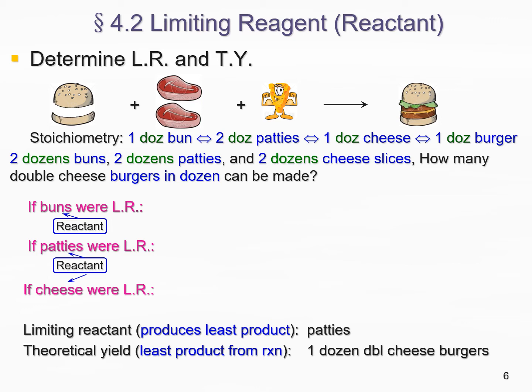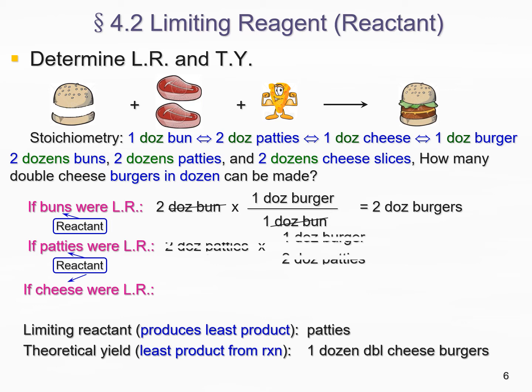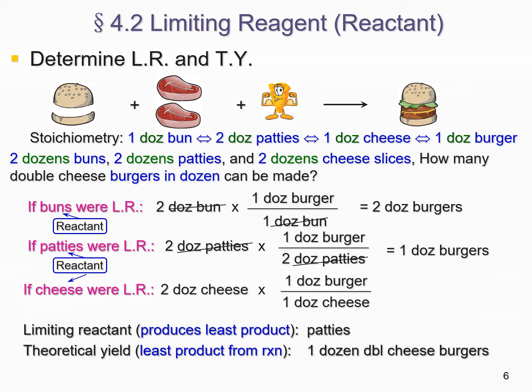So from dozen of buns, according to stoichiometry, 1 dozen buns equals to 1 dozen burgers. So we know it could give us 2 dozen burgers. If patties were the limiting reactant, according to stoichiometry, 1 dozen burgers versus 2 dozen patties. So we got 1 dozen burgers. If we consider cheese slice was the limiting reactant, stoichiometry is a 1-to-1 in terms of dozens. So that's going to be 2 dozen burgers.